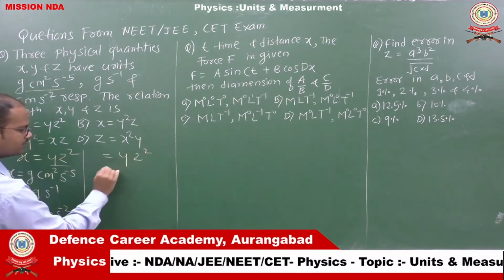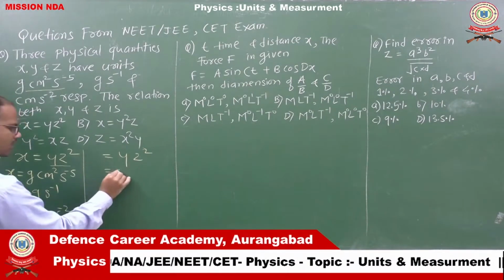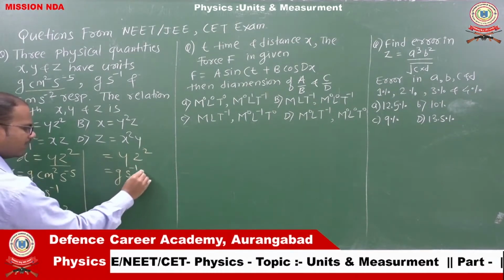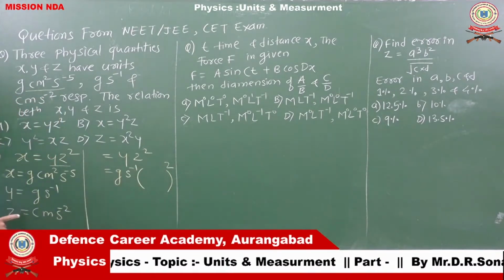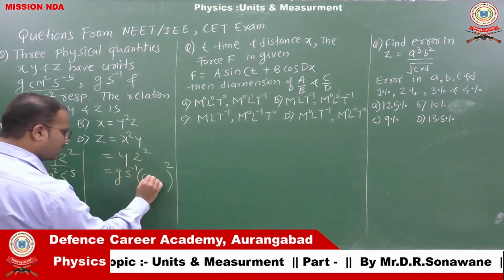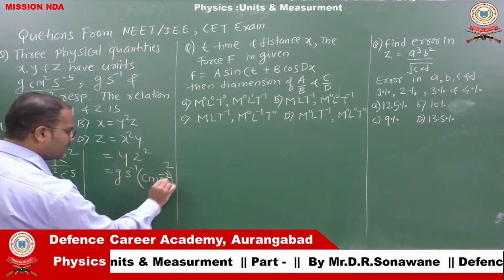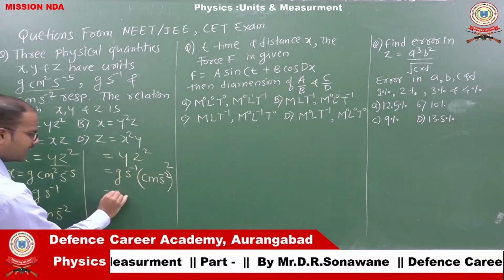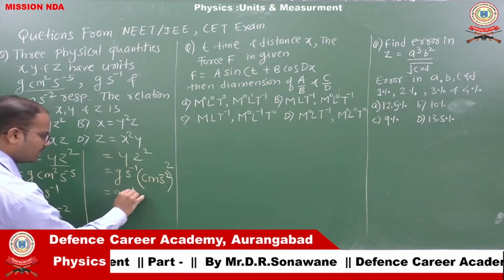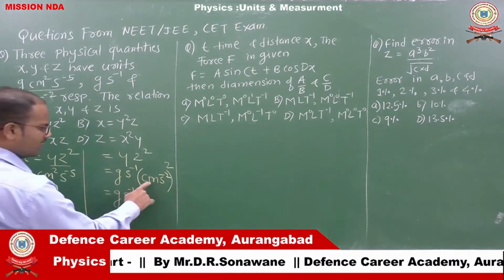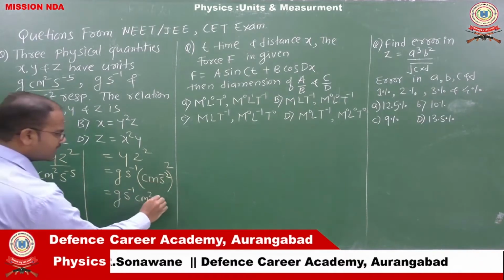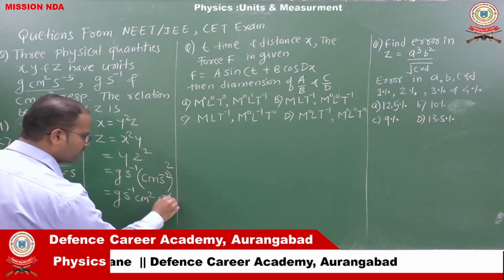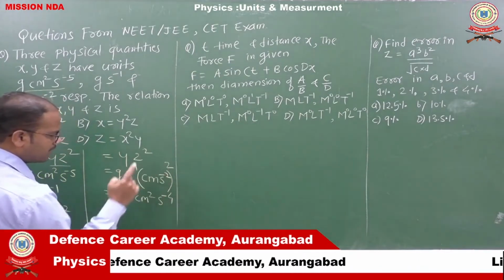It means what? Y is gram second to the power minus 1, and here z square, and the value of z is centimeter second to the power minus 2. So I can write gram second to the power minus 1, centimeter square, second to the power minus 4 while multiplying these powers.